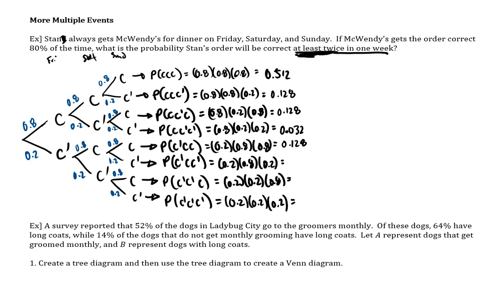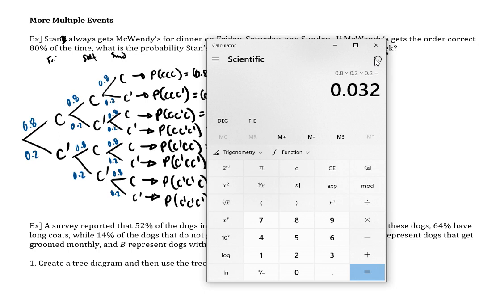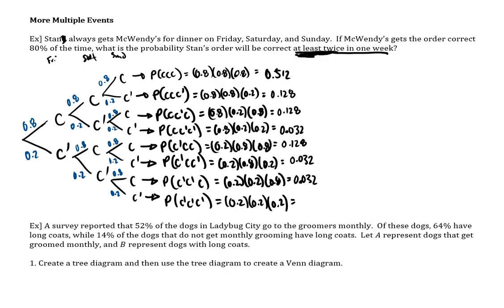And then notice the next two are the same 0.2, 0.2, and 0.8, just in a different order. So we can go ahead and just copy what we just did. And then the last one is 0.2, 0.2, 0.2, which gives us 0.008. There they all are. Okay, so those are all of the probabilities that are important to us.